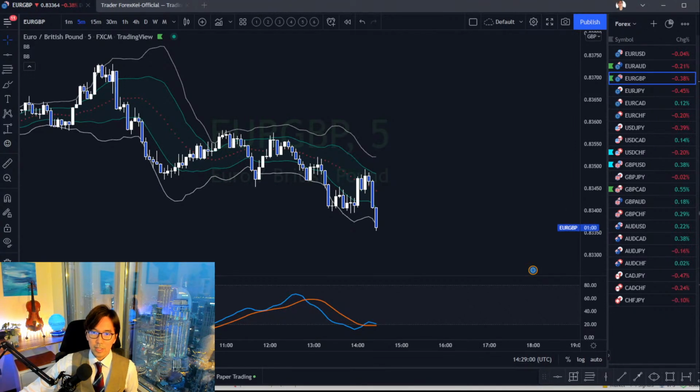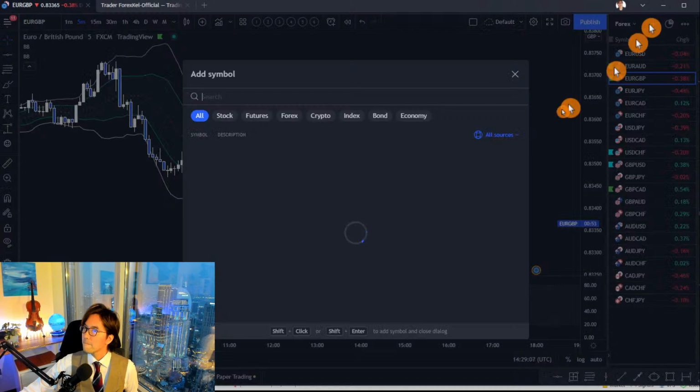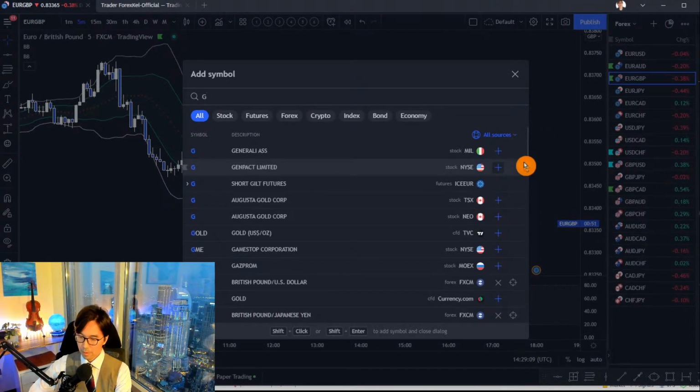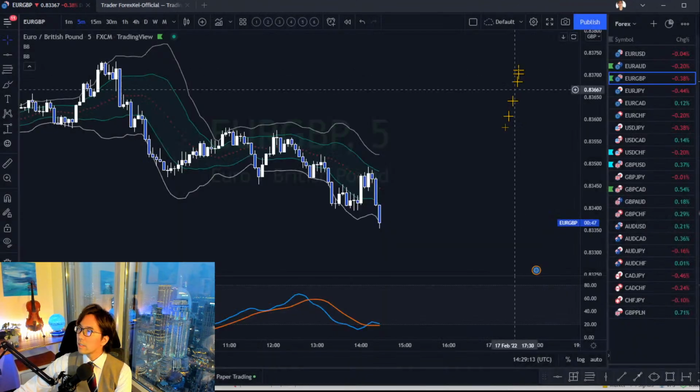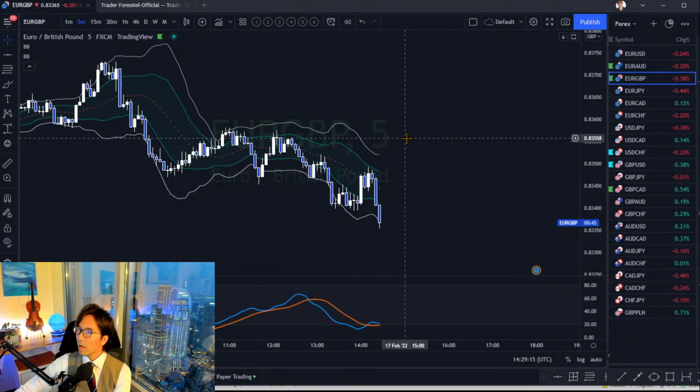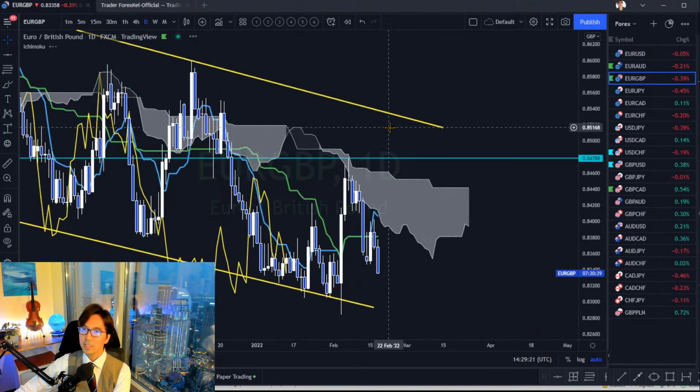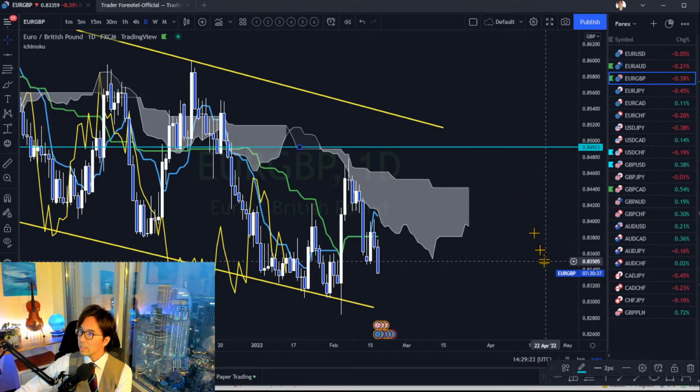Okay, let me see. Simple Relaxation says, can you check GBPPLN? All right, let me check. Okay, so looks like pound is bullish, and that's why the markets are active. Let me check the strength chart just in case.